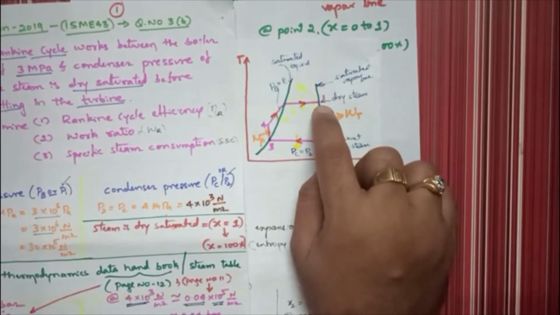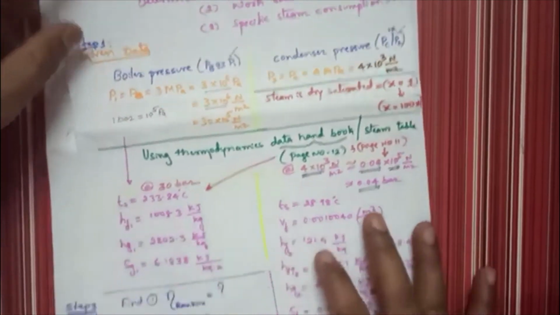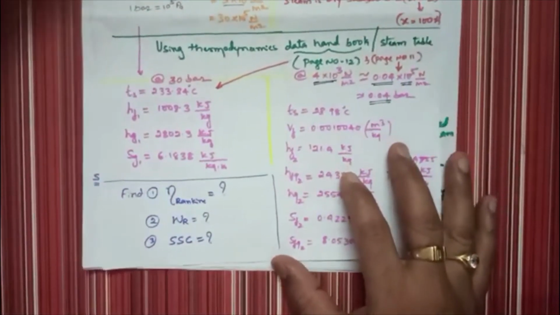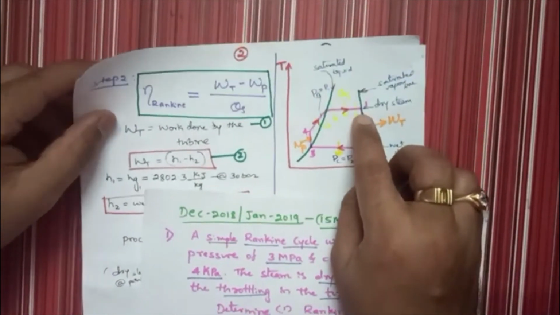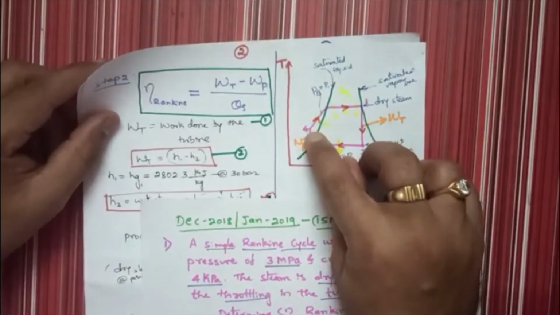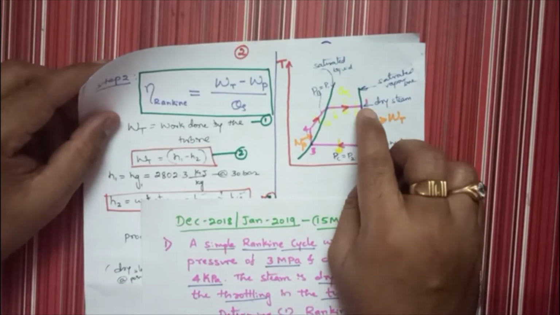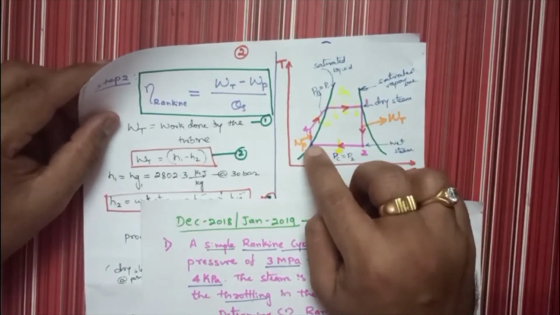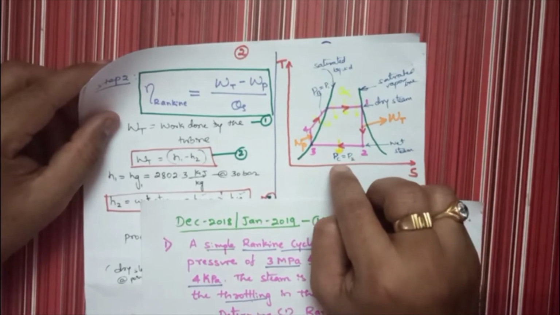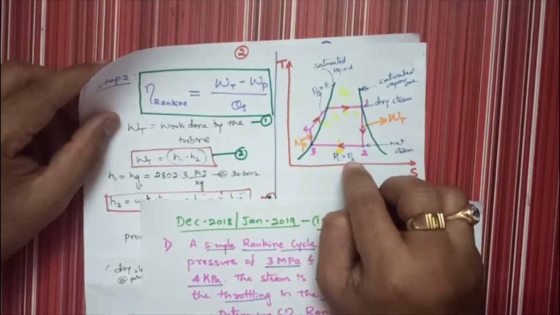number 1. So at point number 1, that is 30 bar. From point number 4 to point number 1 it is 30 bar. From point number 2 to point number 3 it is the condenser, that is P2, that is 0.04 bar.